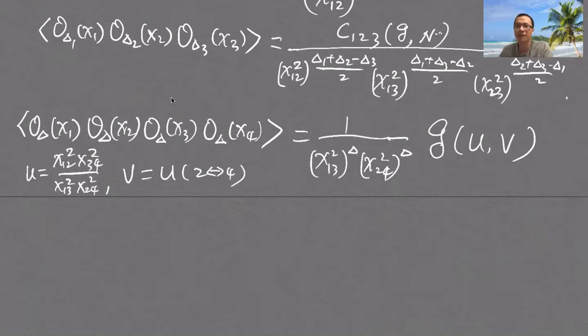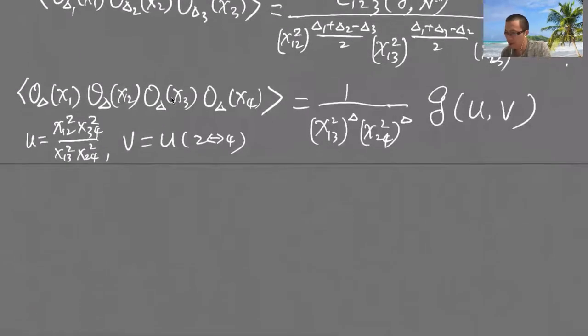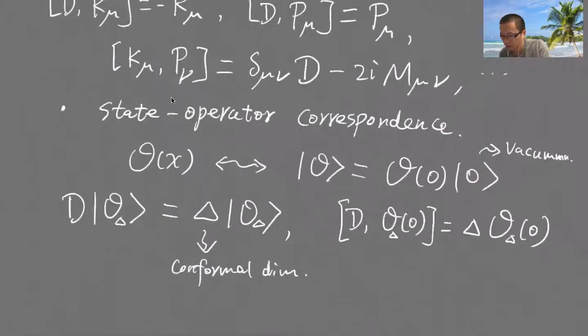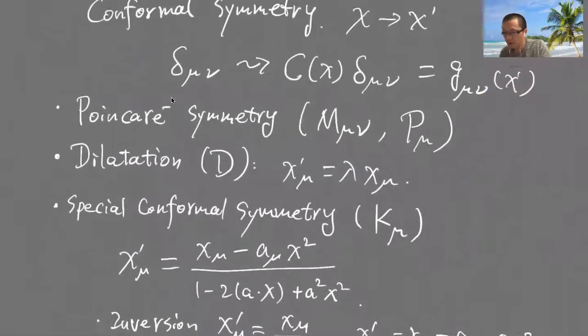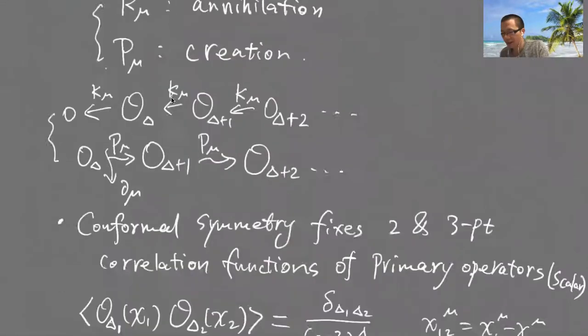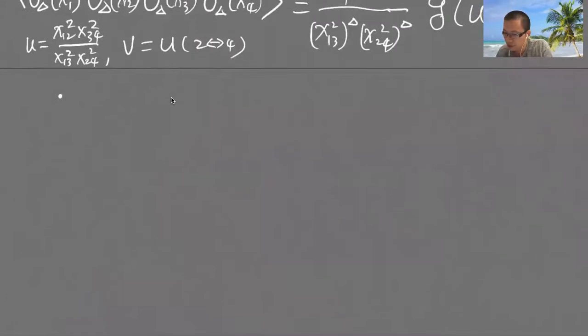Now, let me say a few more words about conformal field theory. In fact, we will introduce something relevant for the computation of Witten diagrams. First is an observation that can be traced back to Dirac. It turns out that the conformal symmetry, which includes the Poincare, dilatation, and the special conformal transformations, together is actually an isometry.